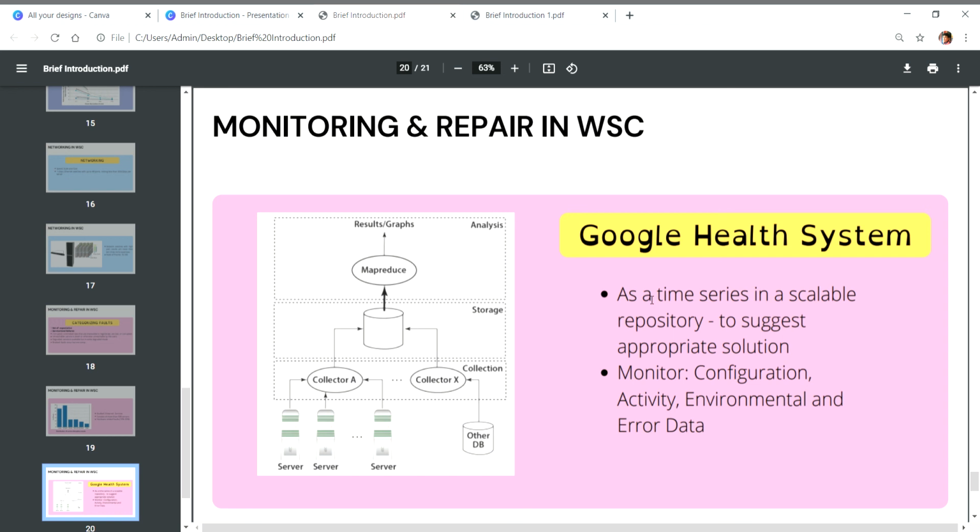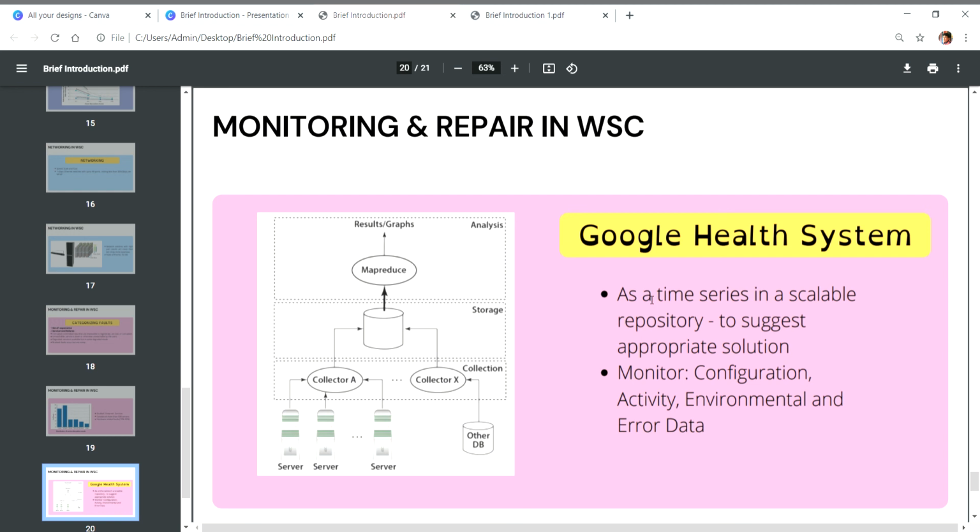This Google Health system is a time series in a scalable repository to suggest appropriate solutions. It monitors a set of things: configuration, activity, environmental, and also error data. The example of a monitoring system that takes advantage of this massive data is the Google Health system, as mentioned.